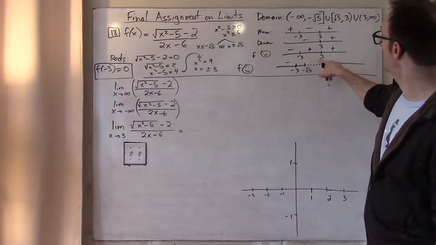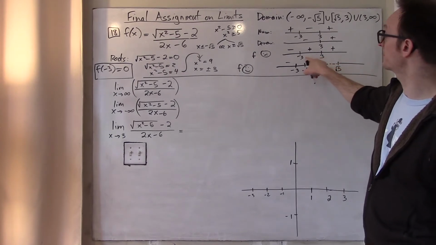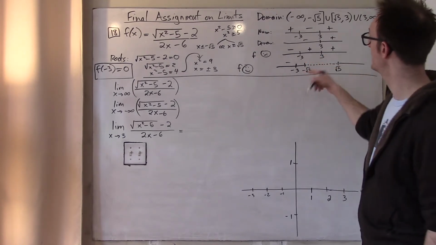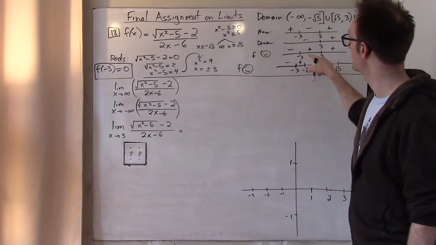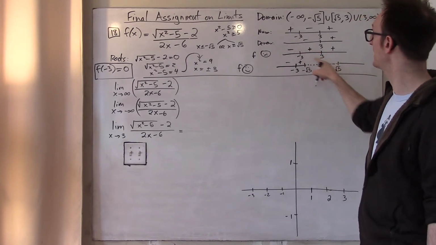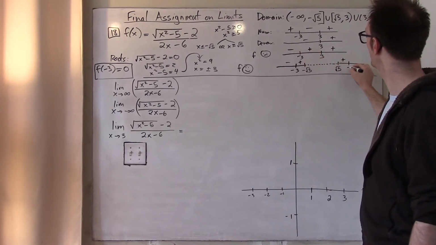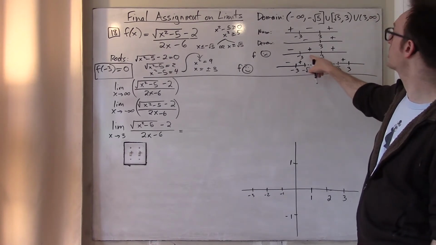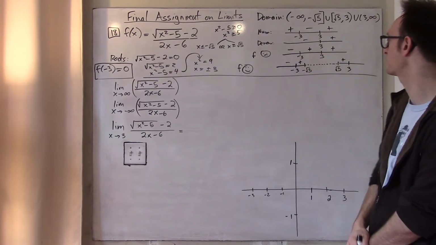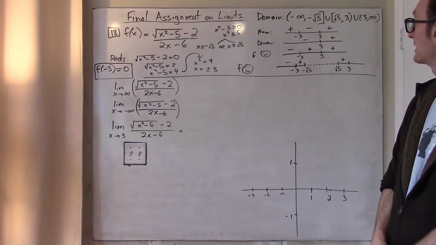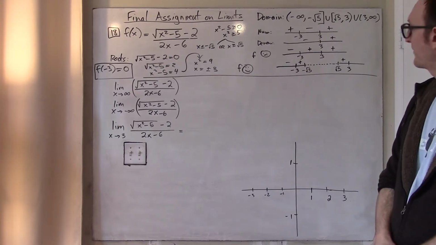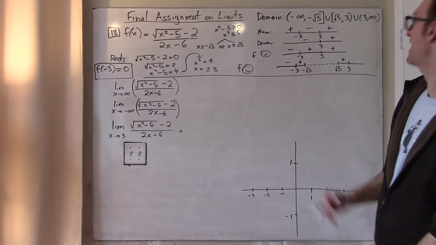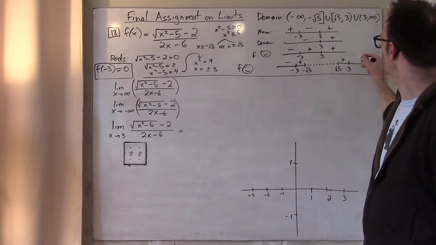But then there's still a little bit more space in between negative 3 and 3. So okay, it's going to be positive between negative 3 and 3, but also for a big chunk of that space in between negative 3 and 3, it just doesn't exist. So that's what I've indicated here with those dots. And then beyond 3, it's just positive.